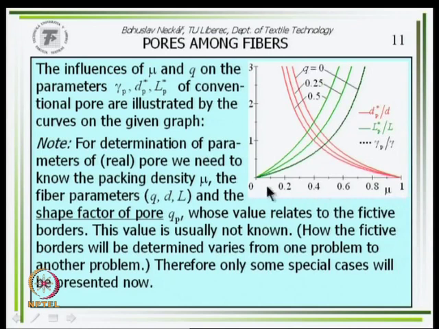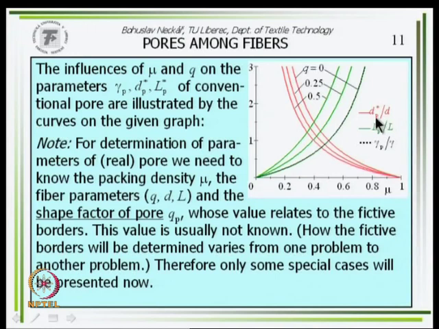This is the packing density from 0 to 1, and on the ordinate the quantities of functions used here. Q equals 0, what does it mean? Cylindrical shape of a fiber cross-section, cylindrical fibers.